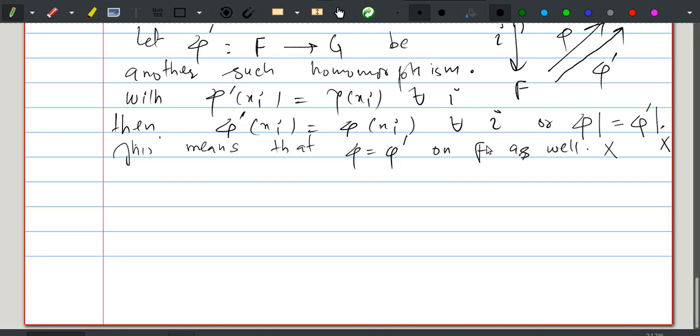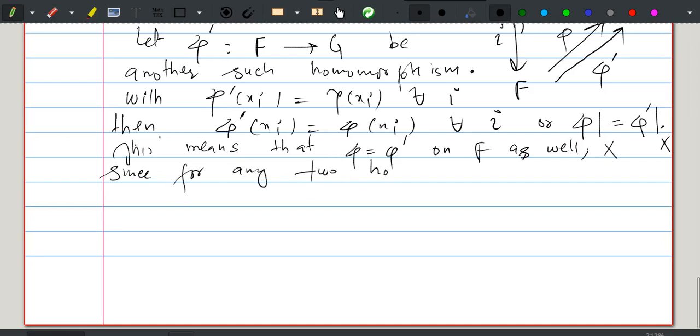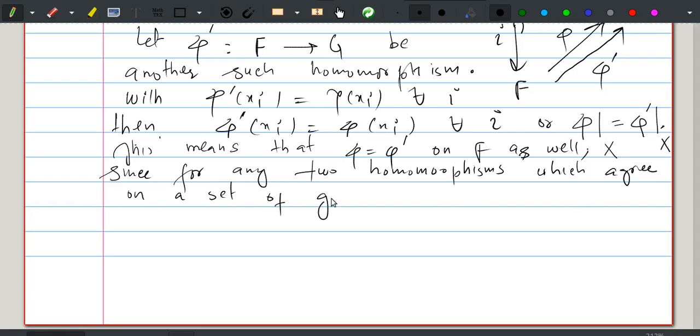The reason being, any two homomorphisms which agree on a set of generators must be equal. So this completes the proof.